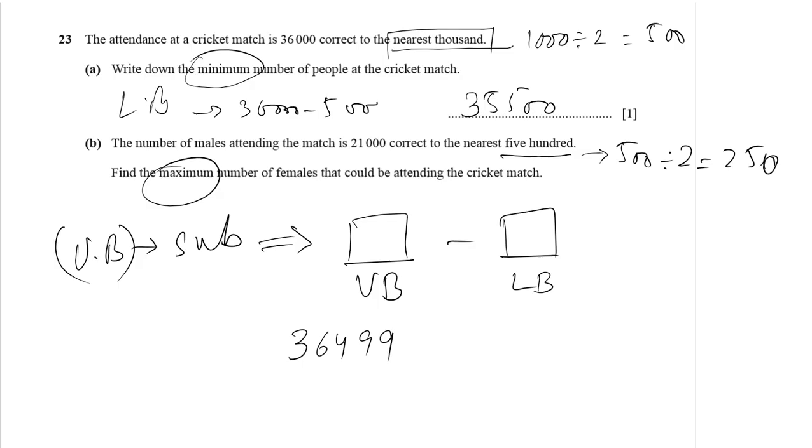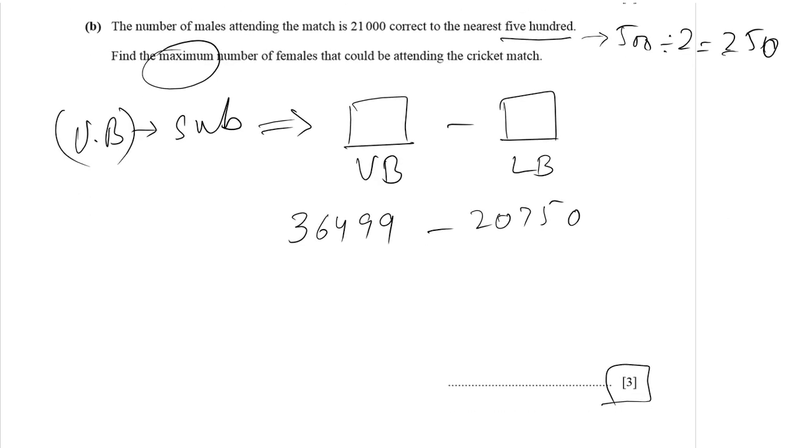This is the maximum I can go upper in case of 36,000, while in the case of lower bound, 21,000 will be subtracted, and 250 will be less from it, so it would be 20,750. Now you can just subtract them.